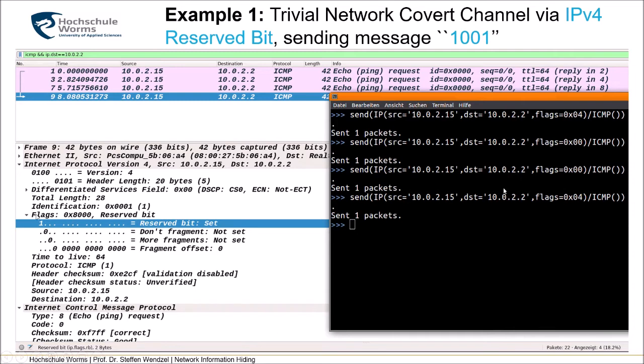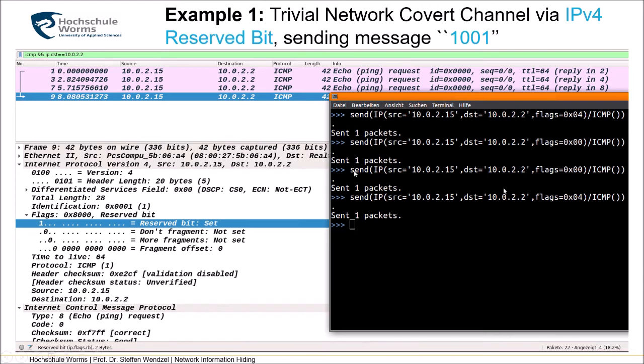Anyway, every IP header has some flags. Reserved bit that is just not used, a don't fragment flag, and a more fragment flag for indicating fragmentation information, and also there's some fragment offset. So what we did here is to exploit the functionality of the reserved bit because nobody uses the reserved bit.